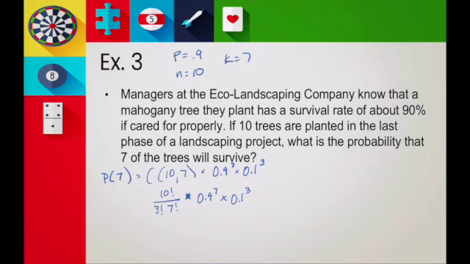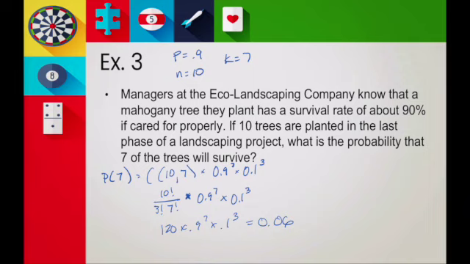And so we get, that's 120 times 0.9 to the 7th times 0.1 to the third. 0.9 to the 7th times 0.1 to the third times 120 gives us about 0.06 probability, about 6%.